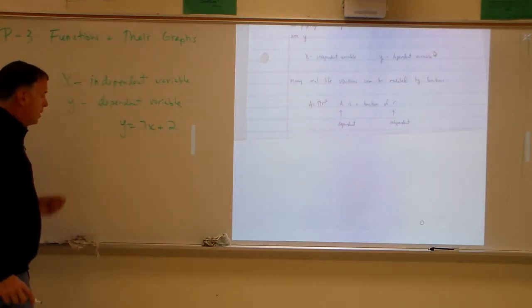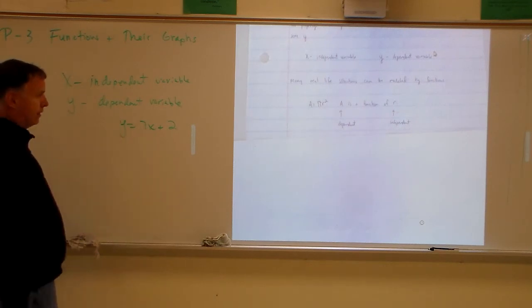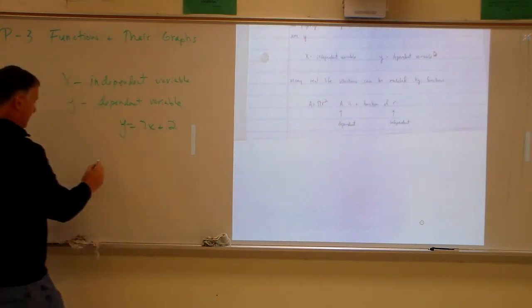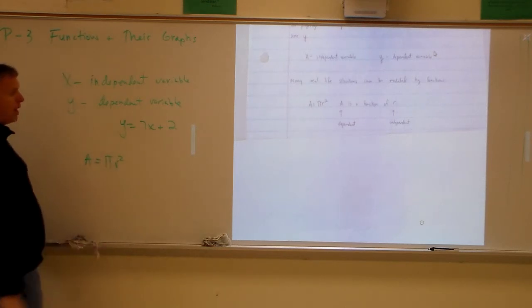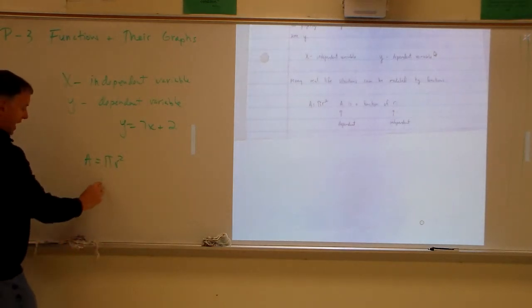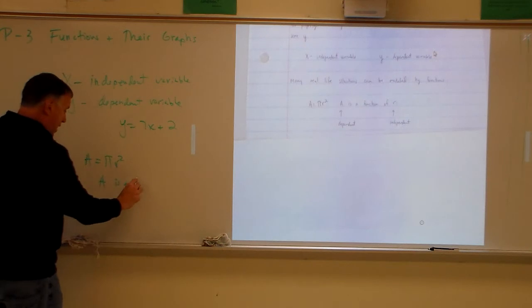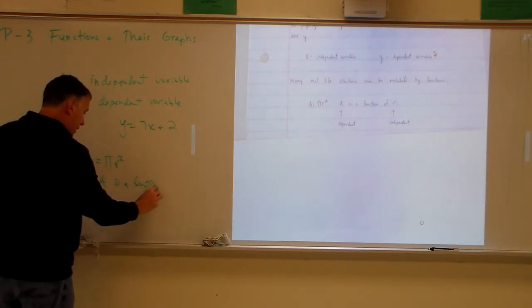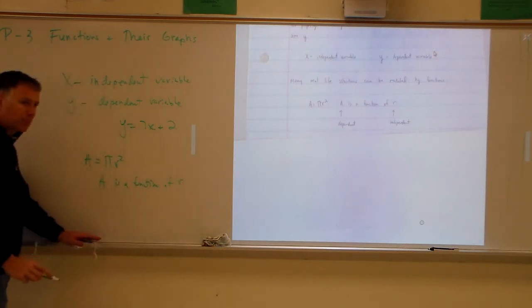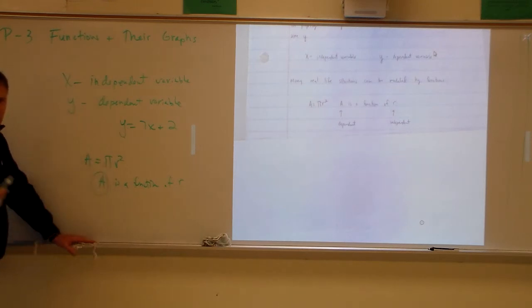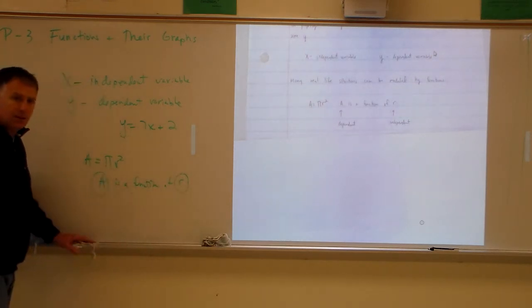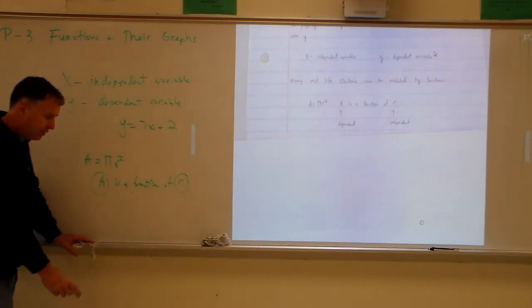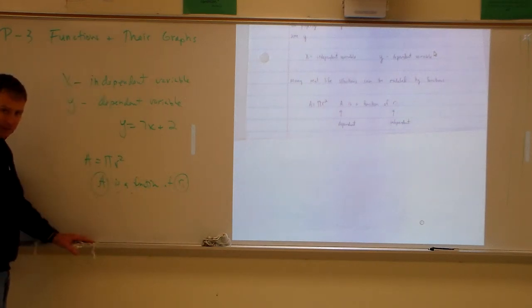All right. So, dependent, independent. If we had something like this up on the board, it says A equals pi r squared. You're going to say A is a function of r. The area of a circle is a function of its radius. The bigger the radius, the bigger the area.